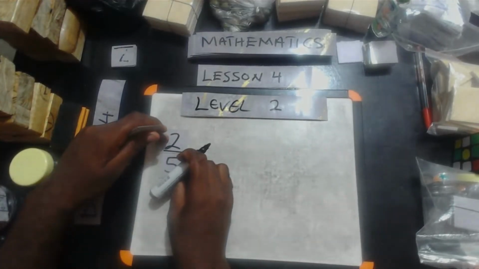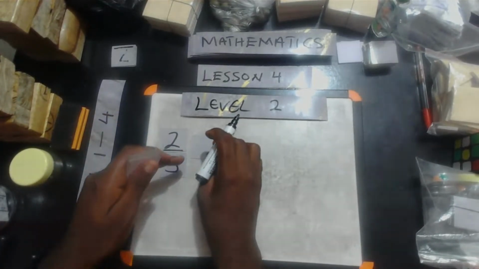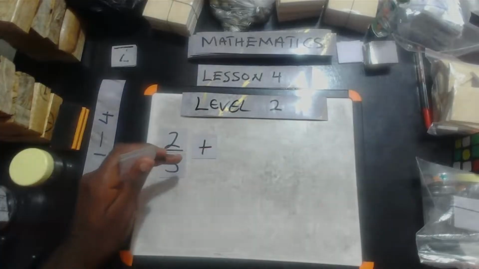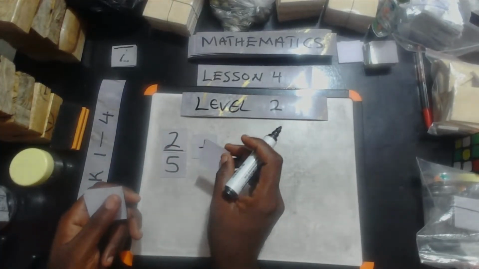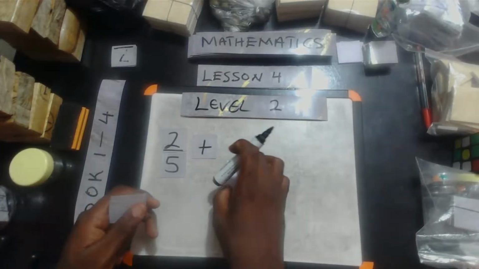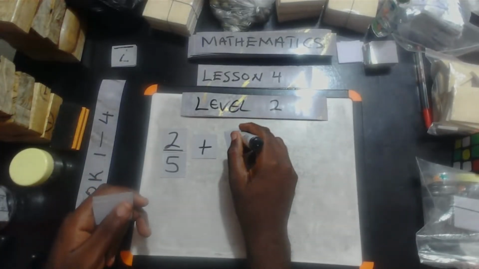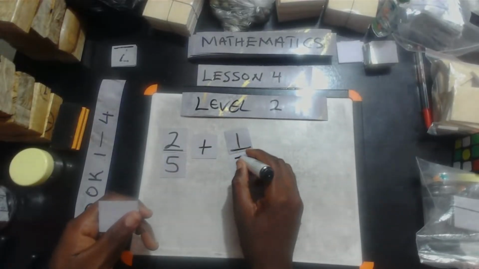We want to add 2 over 5 onto 1 over 5. Very simple.